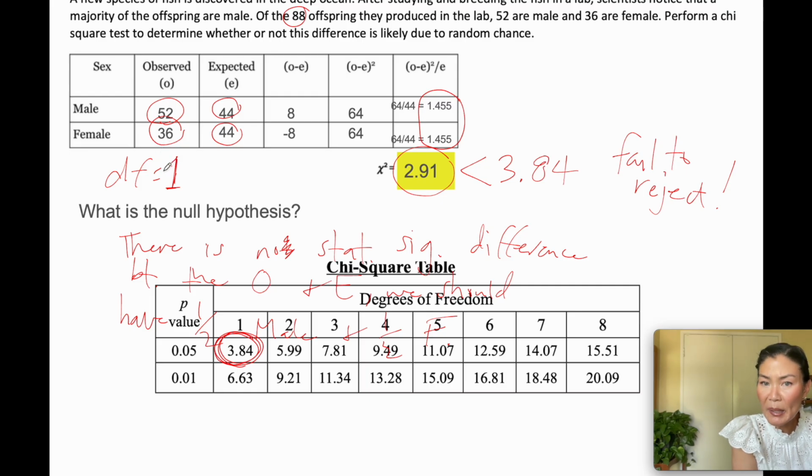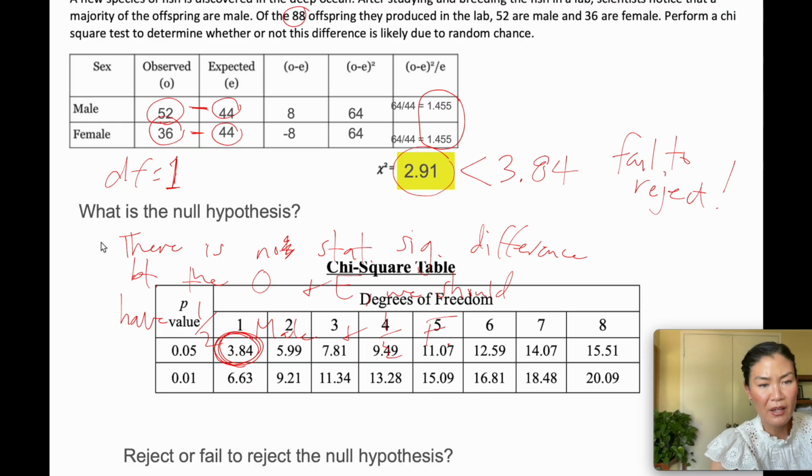So like in your opinion, when you see these numbers and you compare the observed and the expected, you might be like, there's a big difference between 36 and 44. But statistically, when we calculate it, it's not a big difference, okay? There's not a statistical significant difference, okay? So we're going to fail to reject.